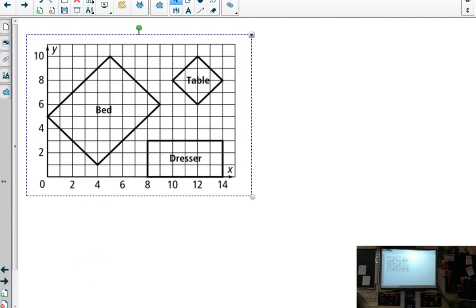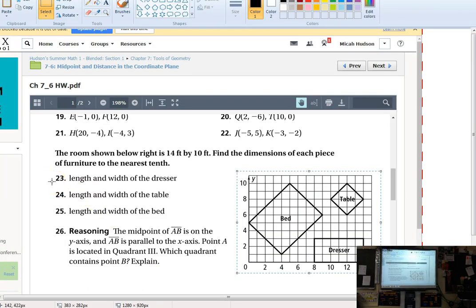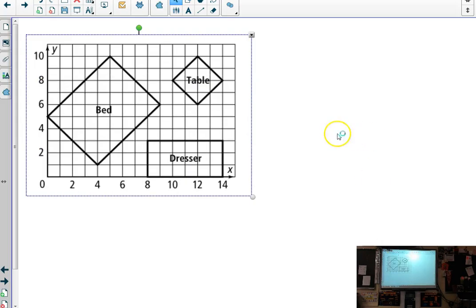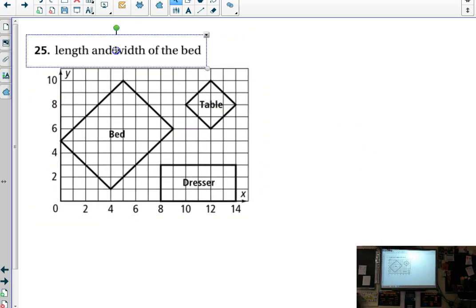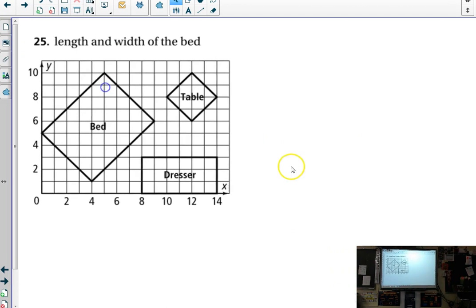And let's do the bed. Let's do 25 and do some coordinate geometry. So we're going to do length and width of the bed, but we're going to imagine that we actually don't have it and we're not going to work with that.